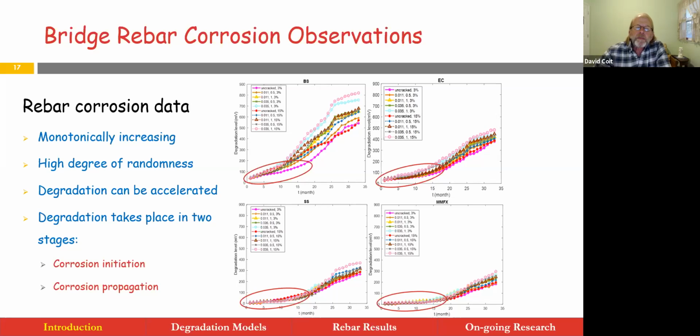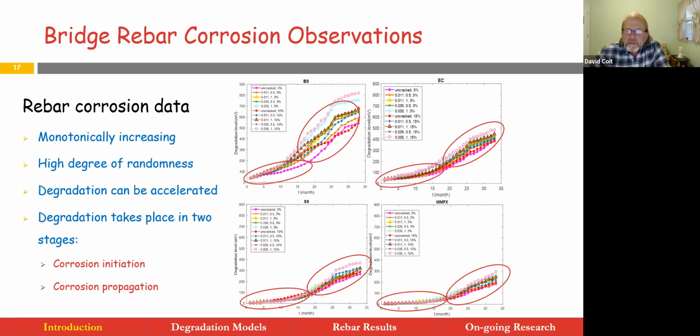And then at some point, it increases. So we have the first stage, which we're going to call corrosion initiation. Basically, cracks are forming in the concrete, allowing some contamination to take place. And until that takes place, we're not going to see corrosion propagation, but at some point it does.